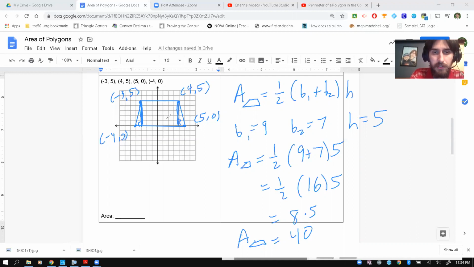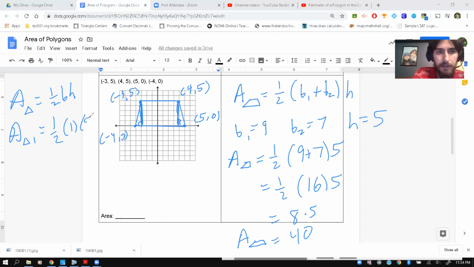So each of these triangles, I would find their area by doing 1/2 base times height. My first triangle has a base of 1 and a height of 5, so it would be 2.5.